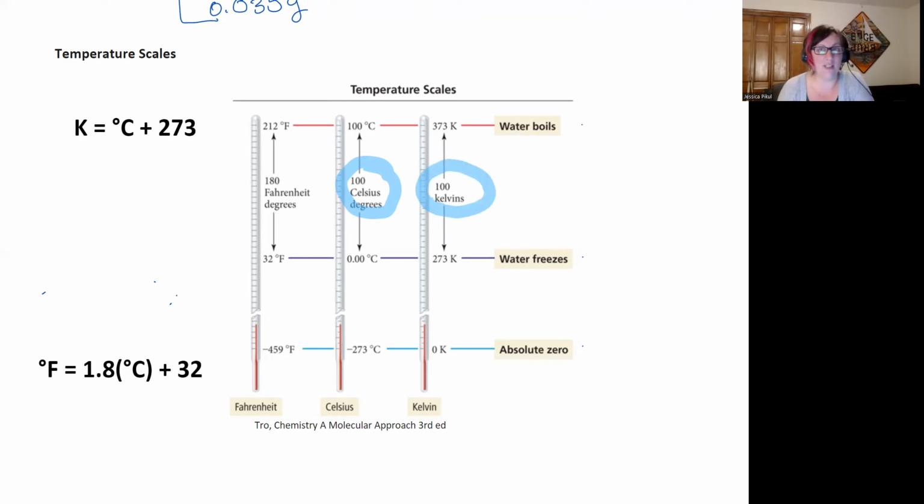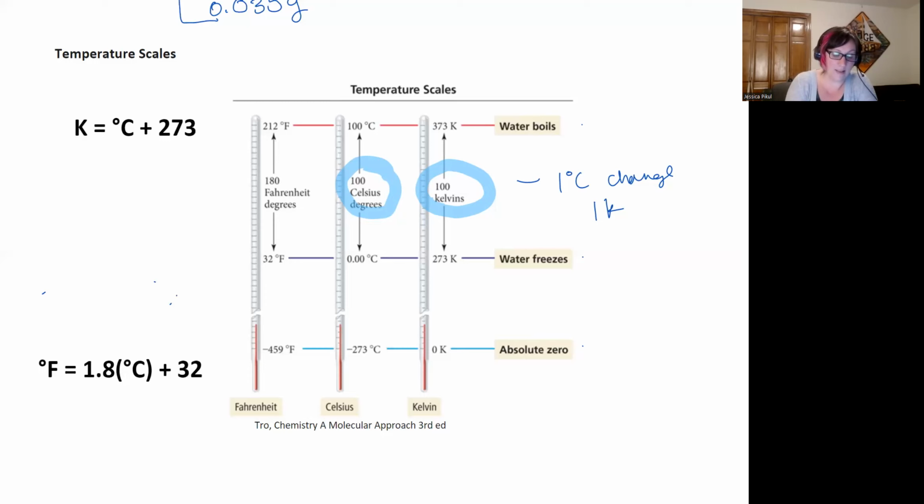And 100 Kelvin is the difference between water freezing and water boiling. So a 1 degree change in Celsius is going to be the same as a 1 Kelvin change in temperature. If something increases by 1 Kelvin, it also would have increased by 1 degree Celsius.